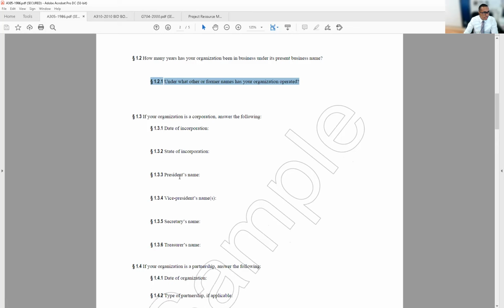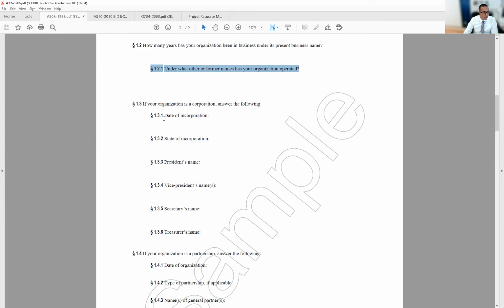So 1.3 is, if your organization is a corporation, answer the following questions. This gives you a little bit of a sense of what corporation structures are, because corporations have a date of incorporation. They must be in a state, one of the jurisdictions. They have a president, a vice president, a secretary, and a treasurer.